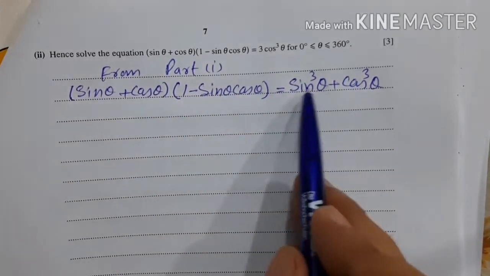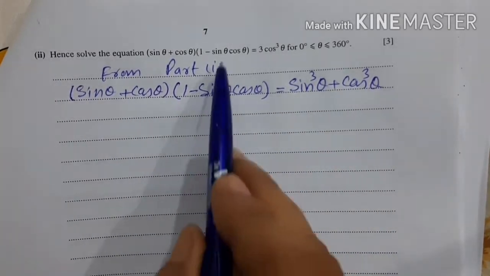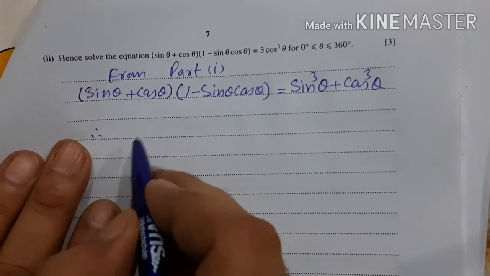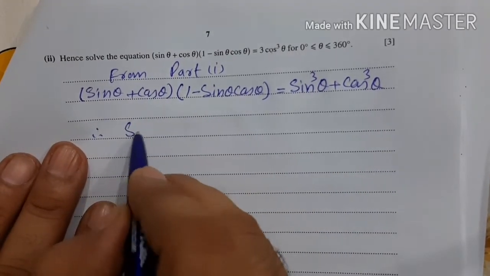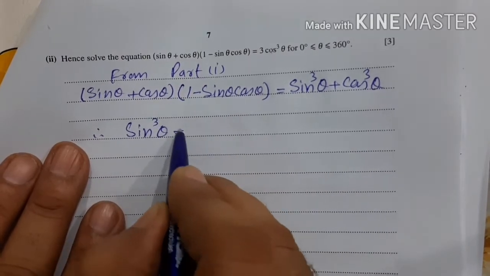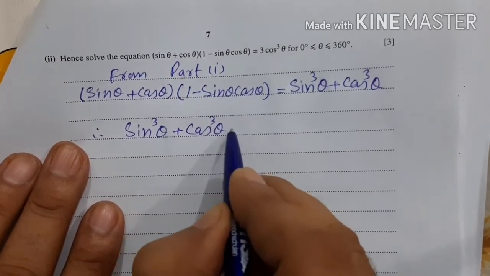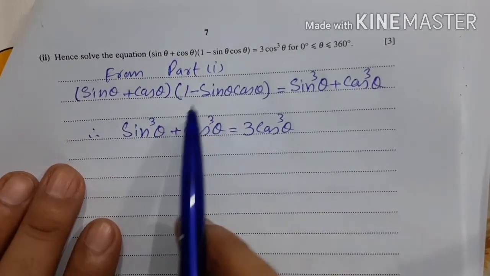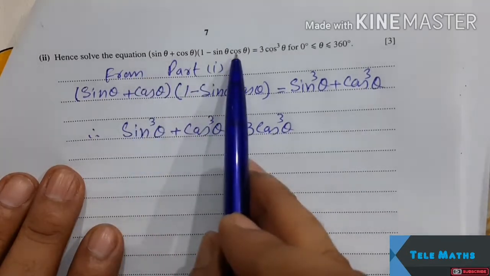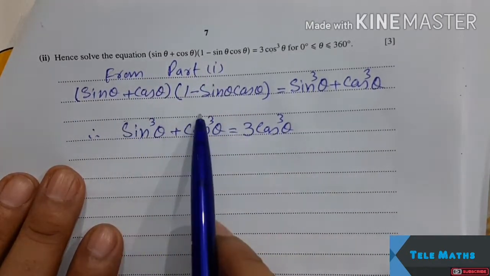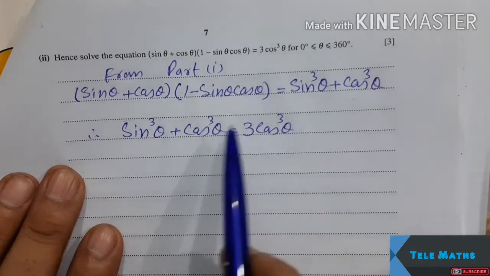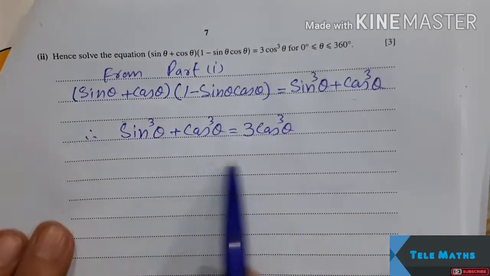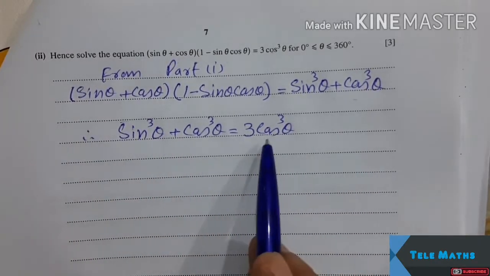So I'll use this result instead of this in this equation. Therefore I have to solve sine cube theta plus cos cube theta is equal to 3 cos cube theta, because instead of this whole term I'll put the value of this result in this expression.